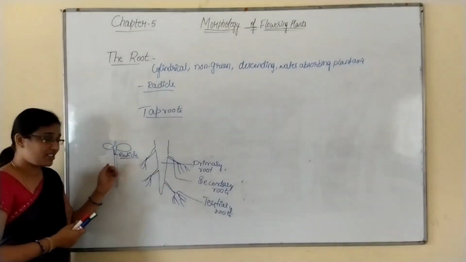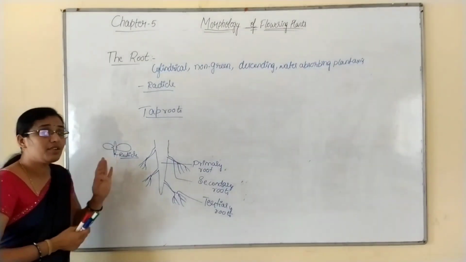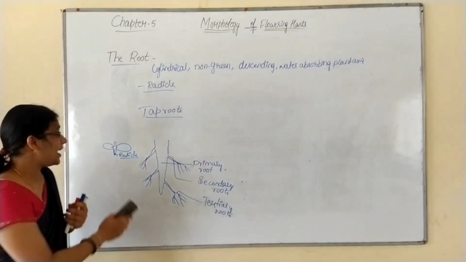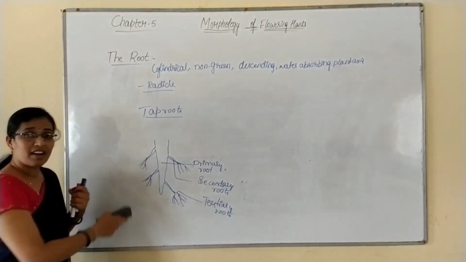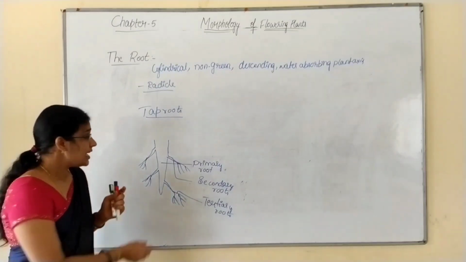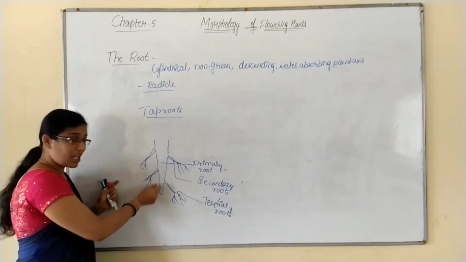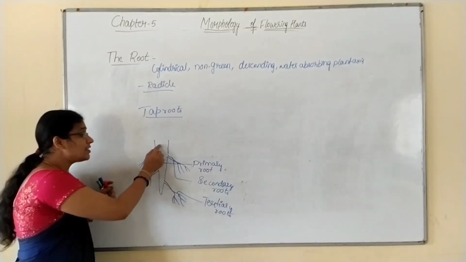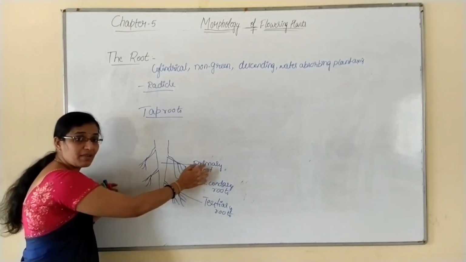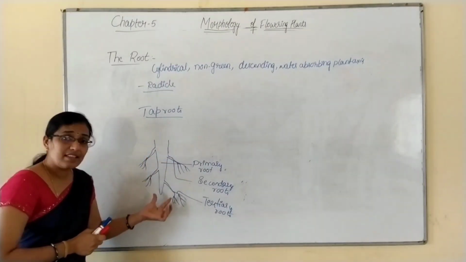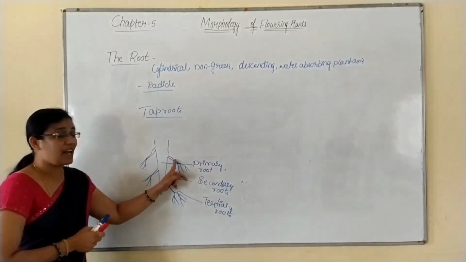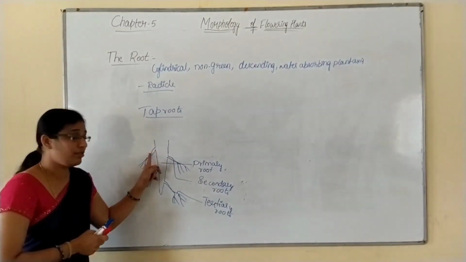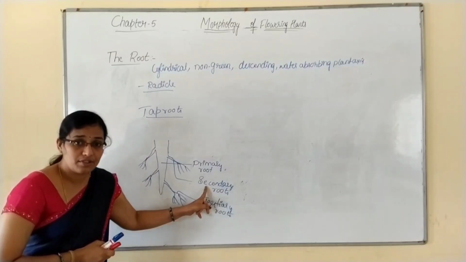See here, I have just written the structure of the seed. The roots usually develop from the radicle part of the seed. And in some plants, the roots which have arisen from the radicle part grow big. They become more elongated and prominent, and that root is called the primary root. At some places, these primary roots undergo branching, and those branches that arise from the primary root are called secondary roots.